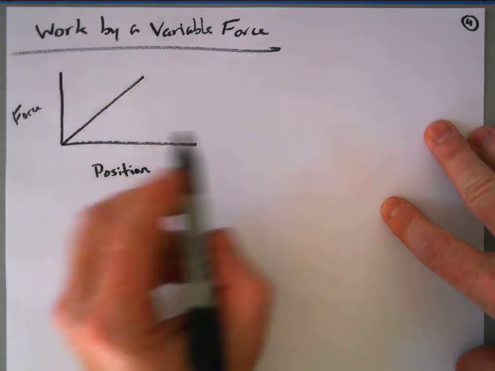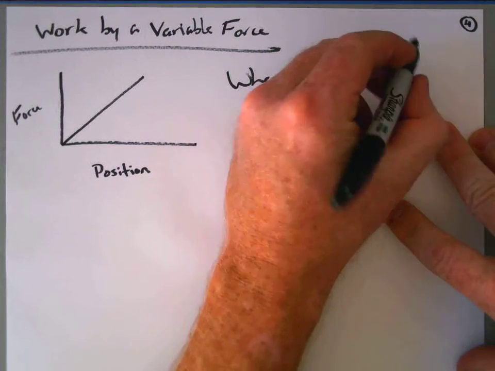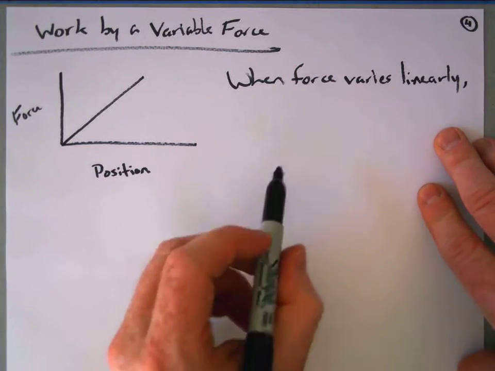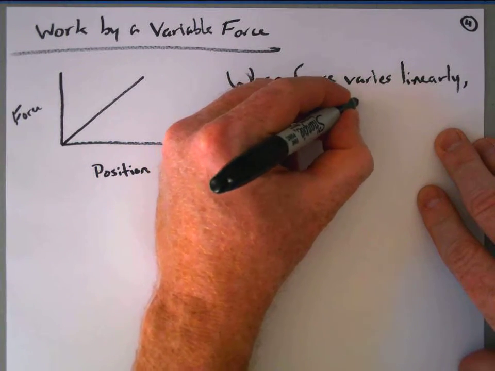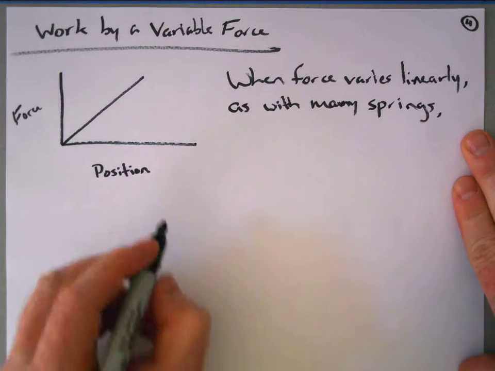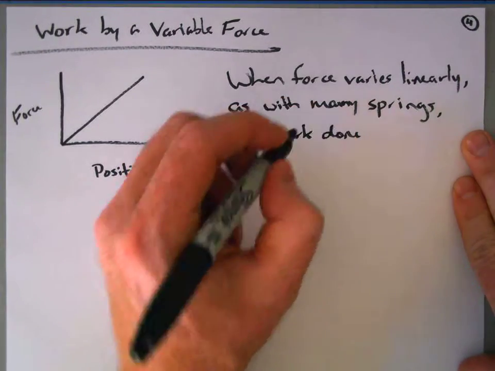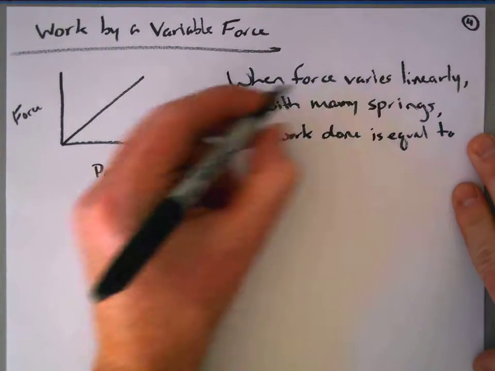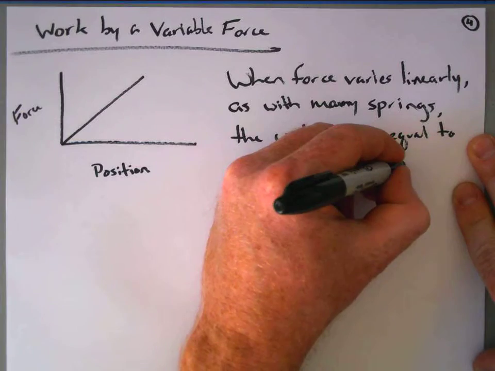All right. So we can say that when the force varies linearly, as it does with many springs, then the work done is equal to the area under the line.